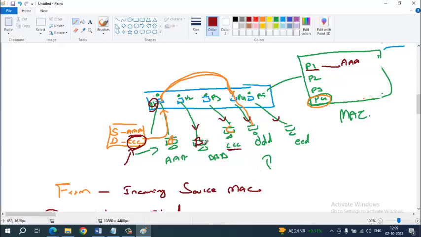It is not matching the local MAC address, so it will drop it. It won't process further. C will process it. D will drop it. E also will drop it. Why? Because the destination doesn't match. Only C will respond back.